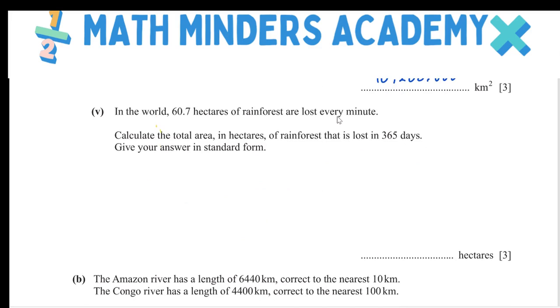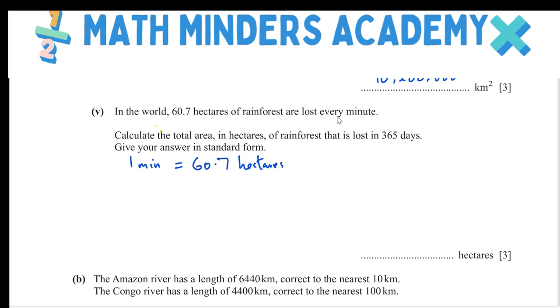Now, the next question said, in the world, 60.7 hectares of rainforest are lost every minute. Calculate the total area in hectares of rainforest that is lost in 365 days. Give your answer in standard form. So here, in 1 minute, this is what is lost.